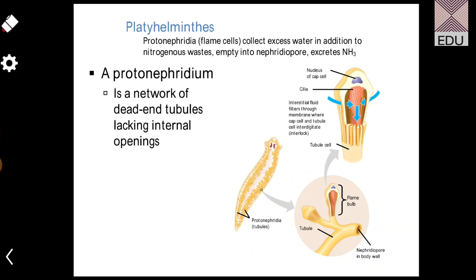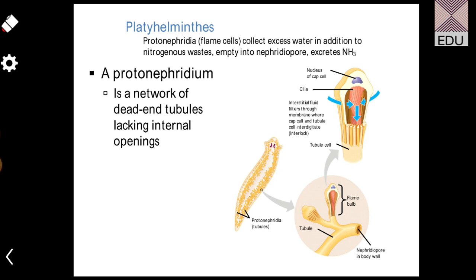And if we see the internal structure of these flame cells, they contain cilia, and when these cilia move inside the lumen of the flame cell, the pressure decreases inside the flame cell. This decreased pressure exerts a pulling pressure on the excretory materials which are present outside the flame cell.